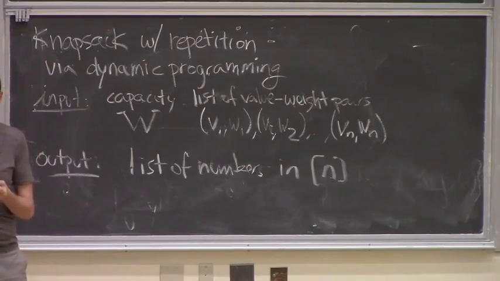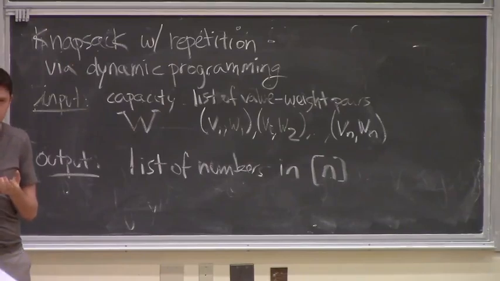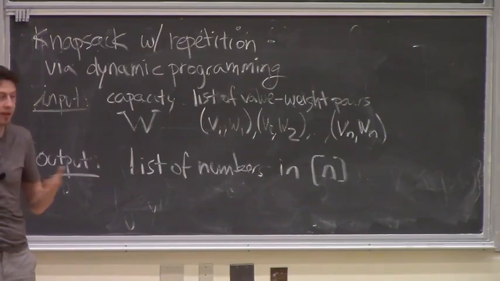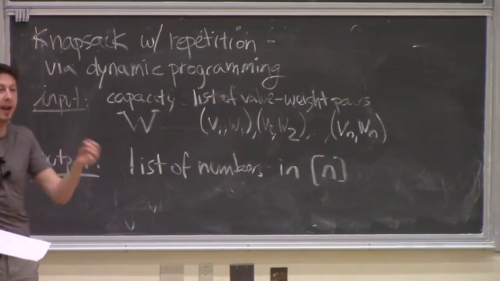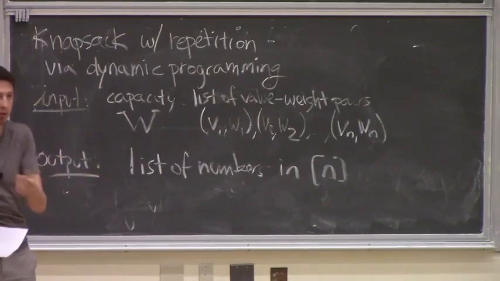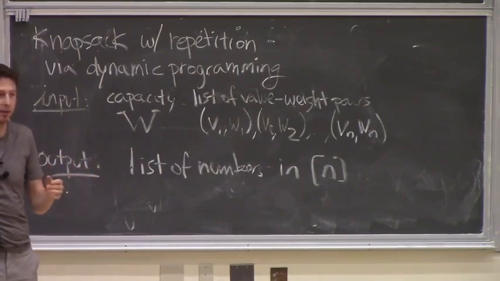Haven't you heard of the term multi-set before? Some of you, okay. A multi-set is just a set where an item can appear multiple times, and the number of times it appears matters. This is different from a set, where the set AA equals the set A because they're the same set. But as multi-sets, they're different.